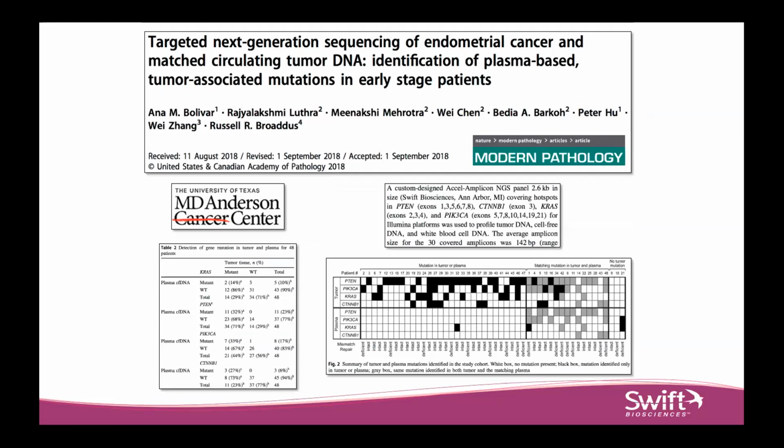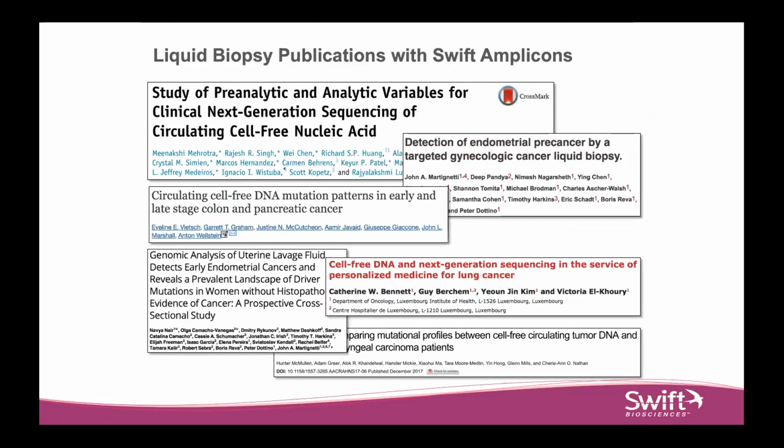Similarly, MD Anderson here in the United States was using a custom panel and looking at plasma tumor concordance as well. So these assays are very well suited for those types of studies. There's a host of other publications I encourage you to look at on our website. And here's just a few snips of those article publication titles.